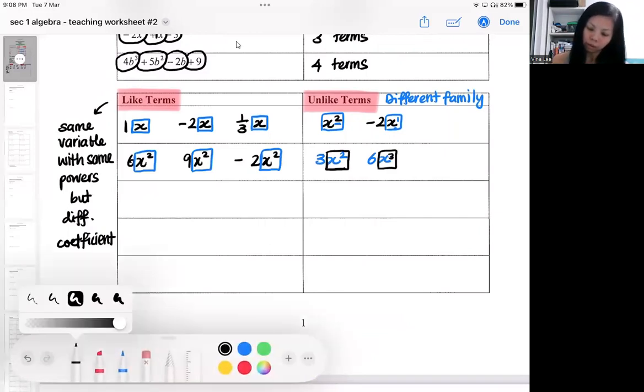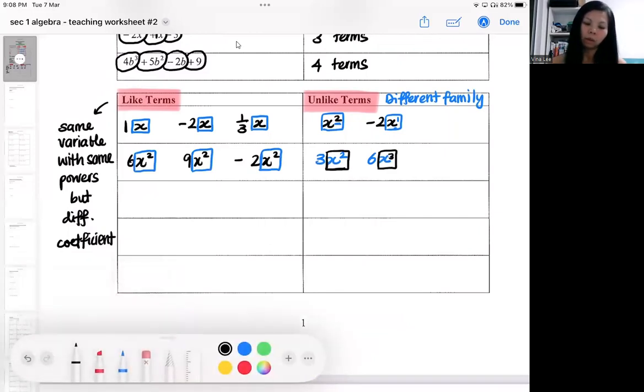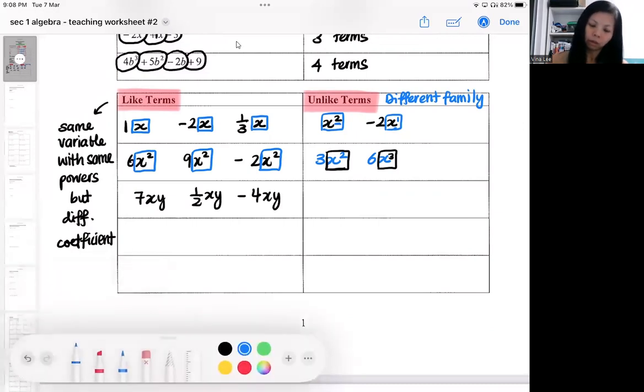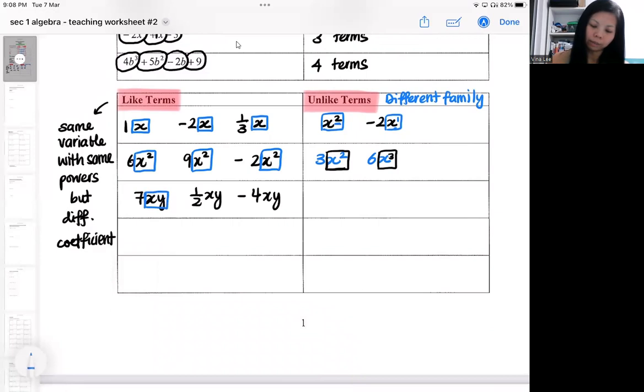Okay, some more examples. What if it's not just x and x squared? What if it's like 7xy, half xy, and minus 4xy? It is the same variable xy, so they are like terms.